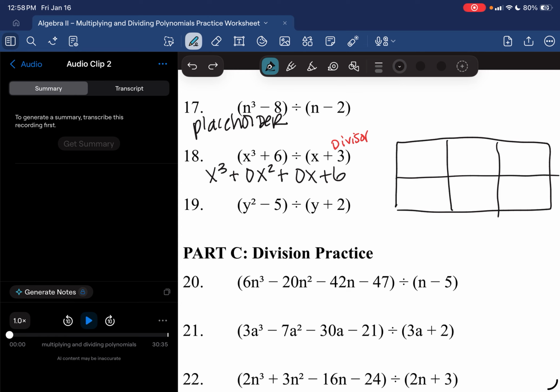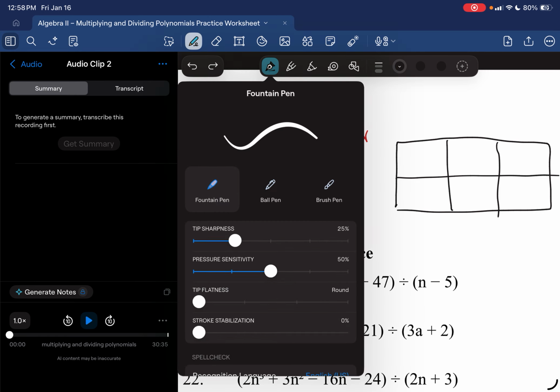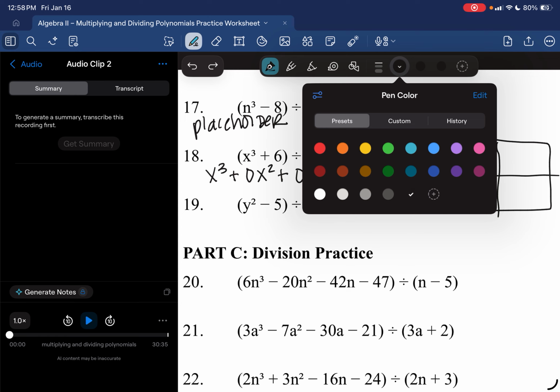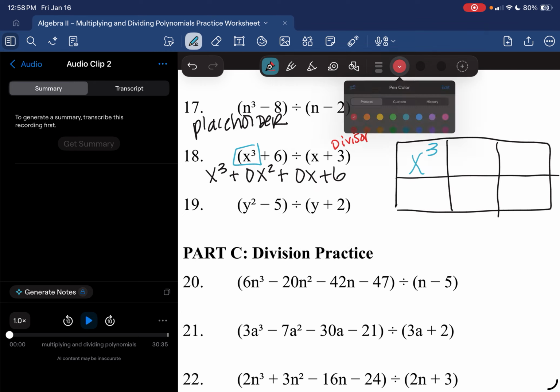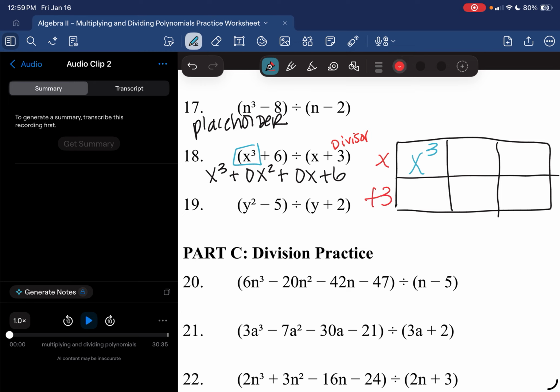Make sure you're showing your work on your paper the exact way I'm doing it. You should be labeling divisor, because it goes right here on the left.